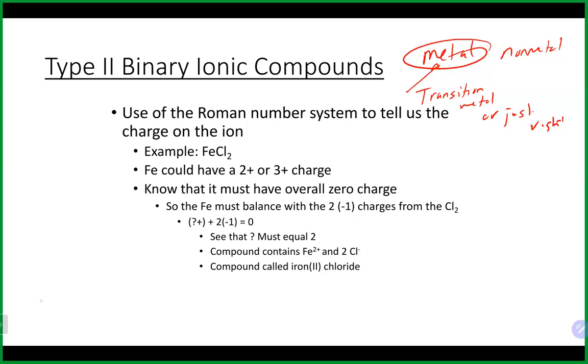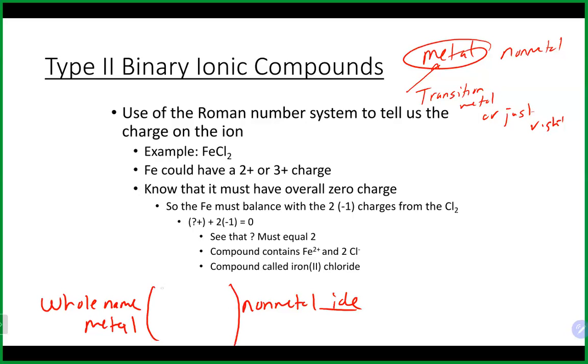So you'll still use the whole name of the metal. You will still give the non-metal the -ide ending. The additional thing that we use is actually a Roman numeral. And we use a Roman numeral to indicate the charge on the metal.